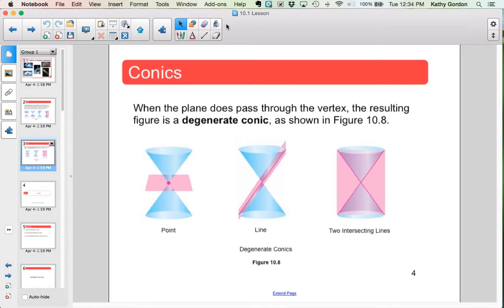Because it's tangent up against this round cone, the intersection here really is just a line. And then the other possibility is our plane chops right down the middle, right through that point where the vertices meet. And so then you get two intersecting lines as the intersection between the cones and the plane.